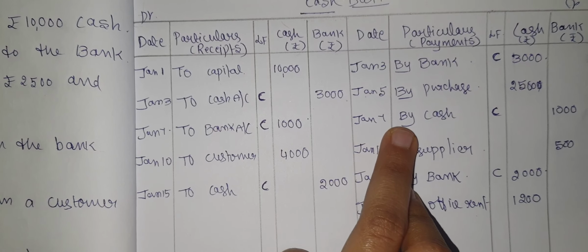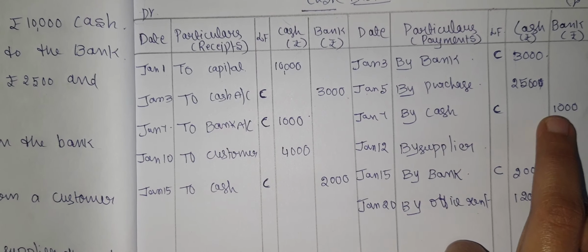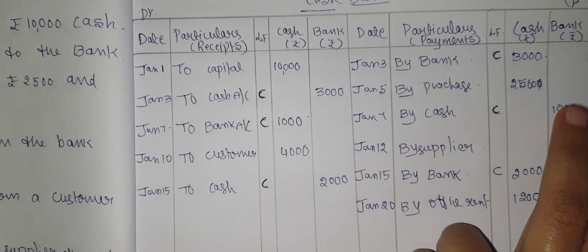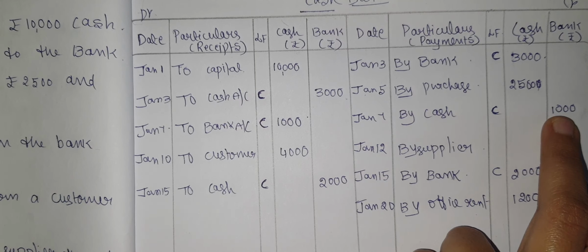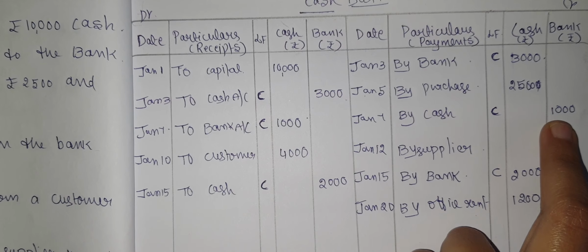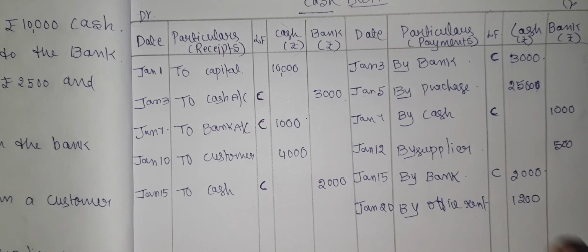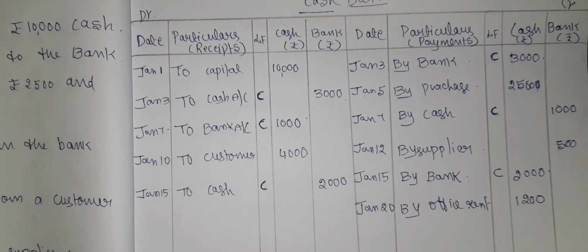That's why here we have to write by cash, and here bank balance, that is rupees 1000, means here the bank balance will decrease. When we withdraw the amount from the bank, the bank balance will decrease. So this is about contra entry.